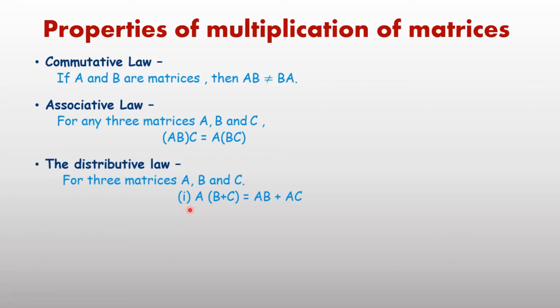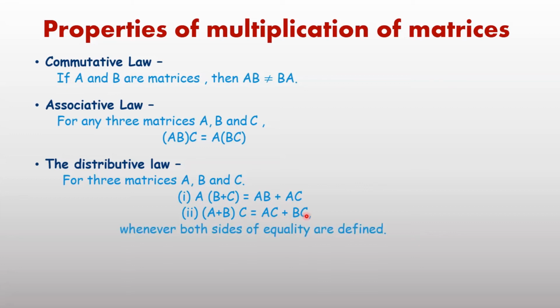Distributive law: A into B plus C is equal to AB plus AC. You can verify the result. Or A plus B into C is equal to AC plus BC. It is known as the distributive law, whenever both sides of the equality are defined.